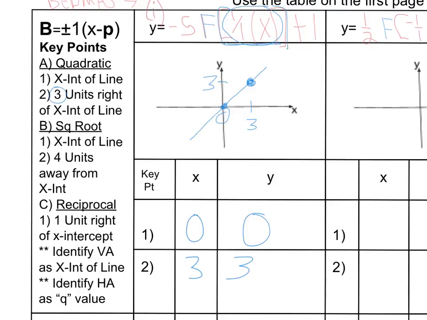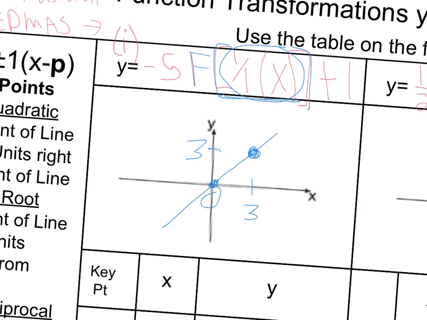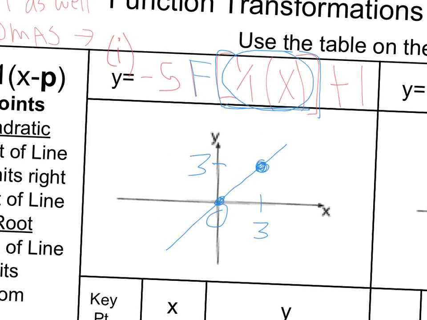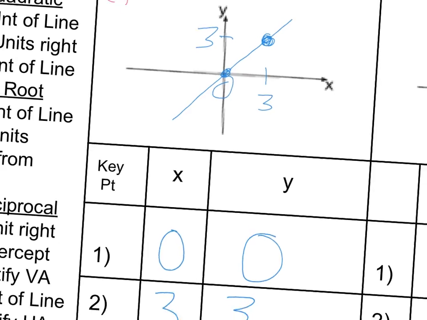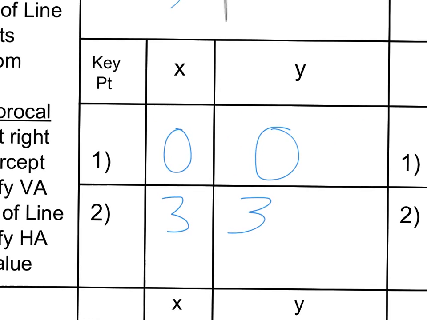Okay, so what happens after we do the brackets? Well, the next thing moving out is, in fact, f, the function rule. So the function rule we're going to deal with this time is the squaring function. So I've got to take all of those y values and square them. Remember, I'm only working with y values.